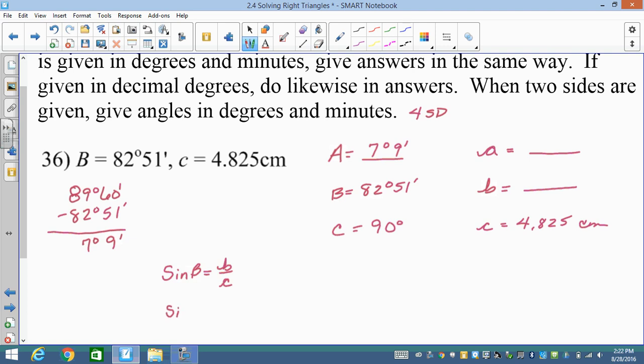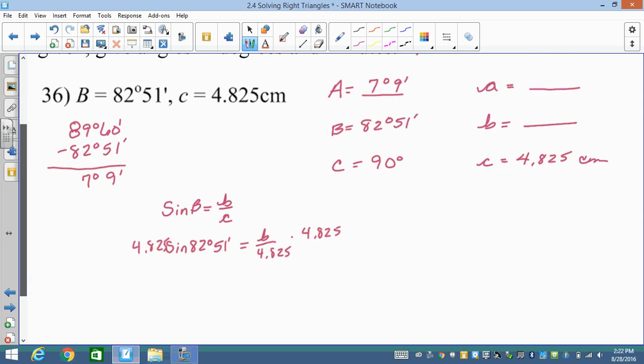So sine of 82 degrees, 51 minutes equals little b over 4.825. Multiply both sides by 4.825, and we get 4.825 sine of 82 degrees, 51 minutes equals little b.